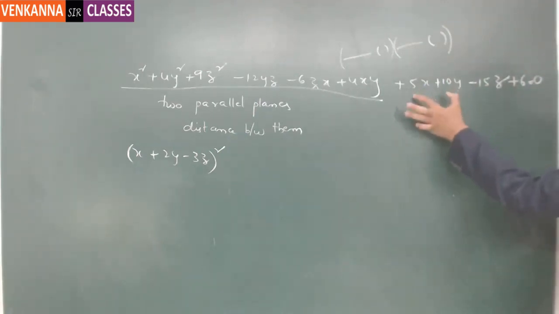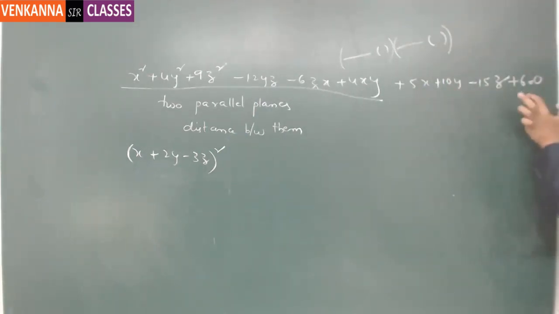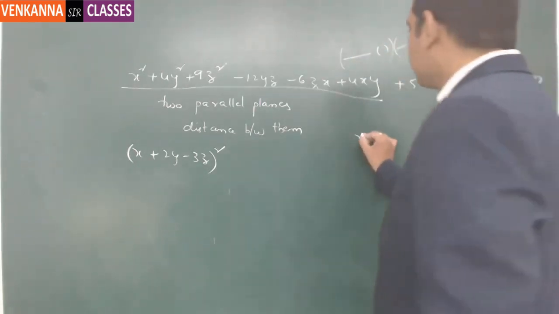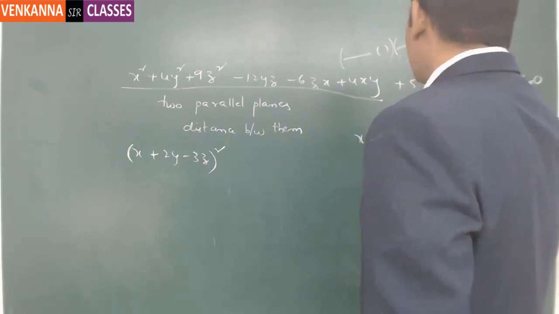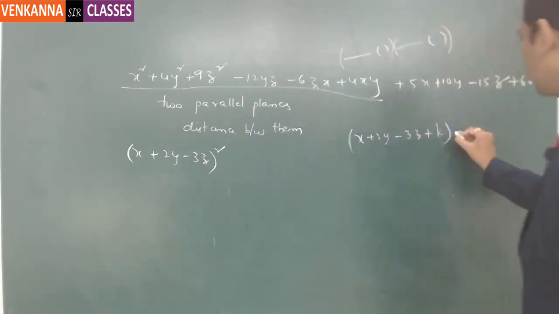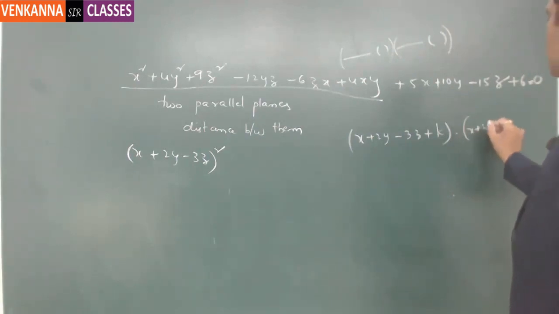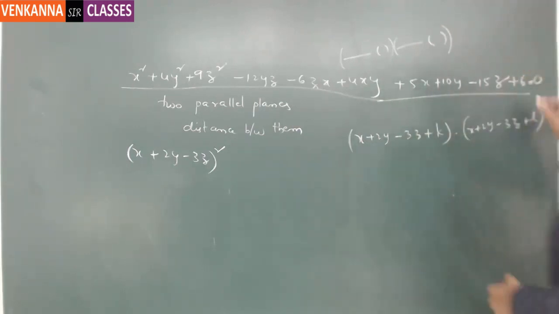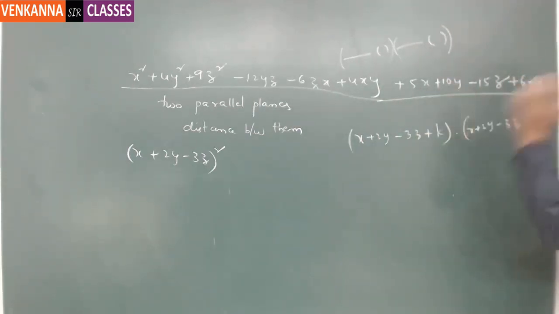So the non-homogeneous part is obtained in this equation by means of the additional constant terms here. So this whole thing I will write as x plus 2y minus 3z plus k, some constant, times x plus 2y minus 3z plus L. So this whole big equation is nothing but the product of these two. Clear?